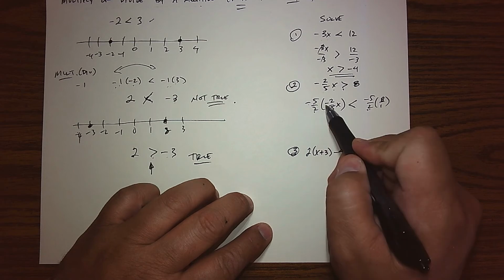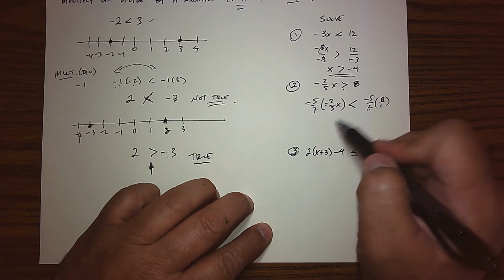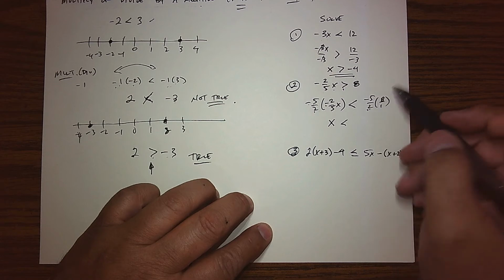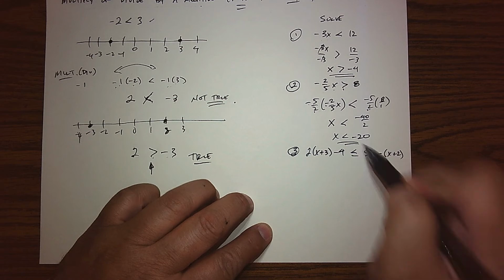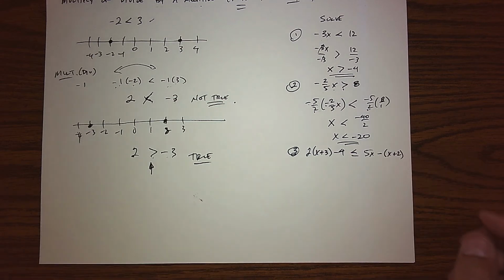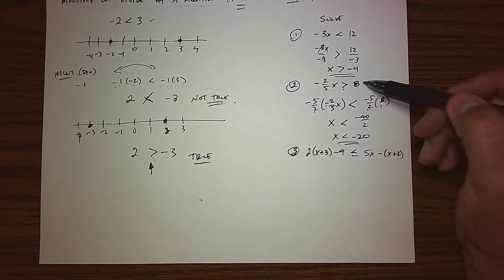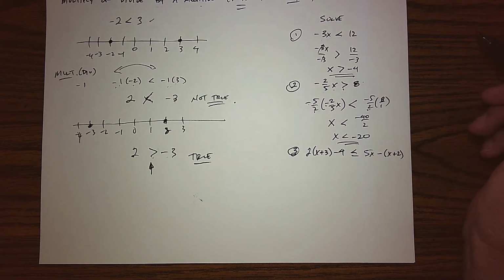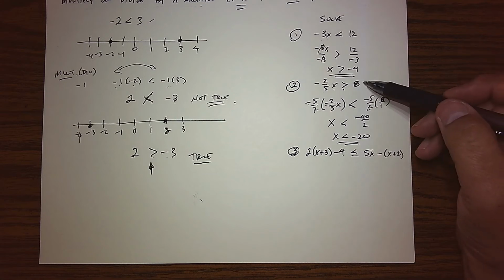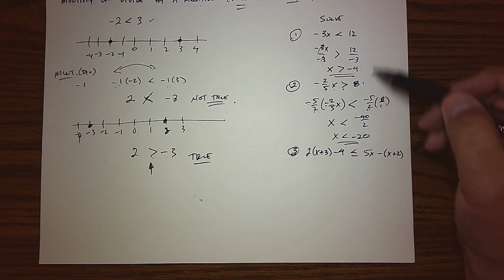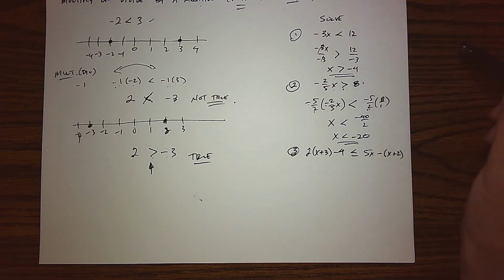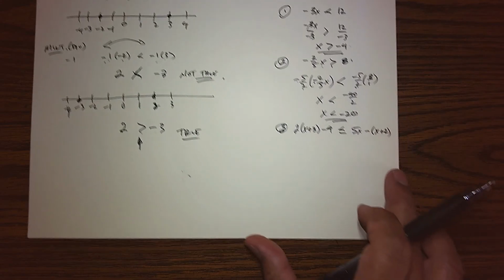Over here, a negative times a negative is a positive. 10 over 10 is 1, so we're left with x. And on this side, we have negative 40 over 2, and that reduces to negative 20. So the values that make this statement true are values that are less than negative 20. Let me pause for a moment. We'll take a deeper look at what these solution sets mean in another video. Right now, I'm just concentrating on solving and taking care of business when you multiply or divide by a negative.